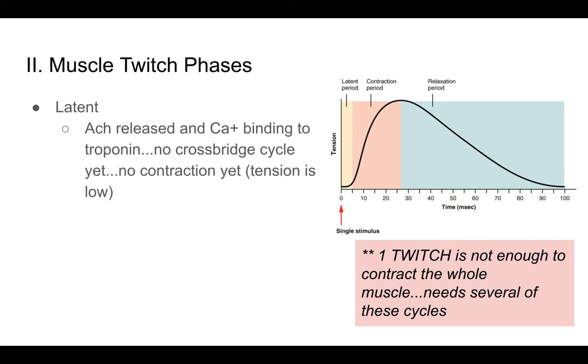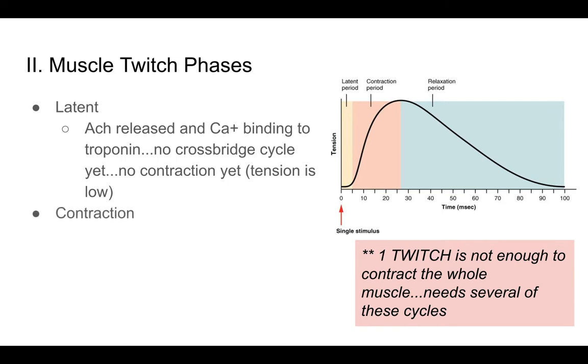But we don't see the actual connection of myosin and actin together and them pushing on each other, which was called the cross-bridge cycle. That's not happening yet. So tension is very low because we actually haven't started the contraction process. We basically just set everything up to allow for what's coming next.